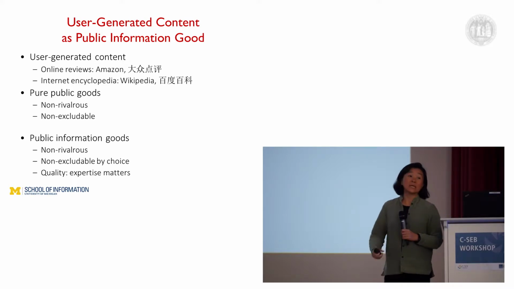The other feature is that quality really matters. This differs fundamentally from, let's say, charitable giving. In charitable giving, my $5 is essentially a perfect substitute for Axel's or Bettina's $5. Whereas in content generation, everyone knows something, and that could be something very special.